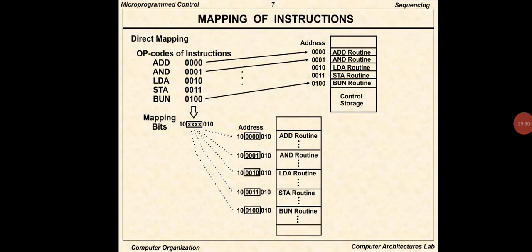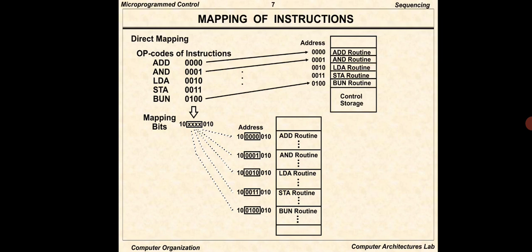In this direct mapping and indirect mapping, whatever the opcode value is will act as an address of my control storage memory. We go to that control storage memory and take the address of the actual subroutine program from it.